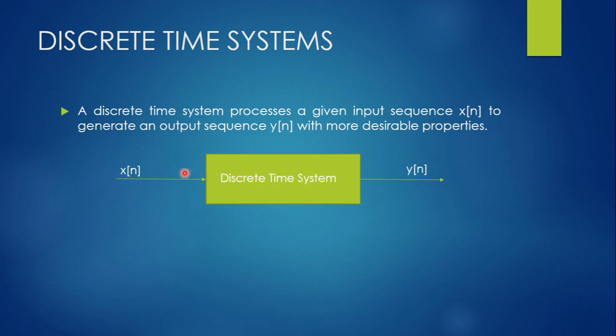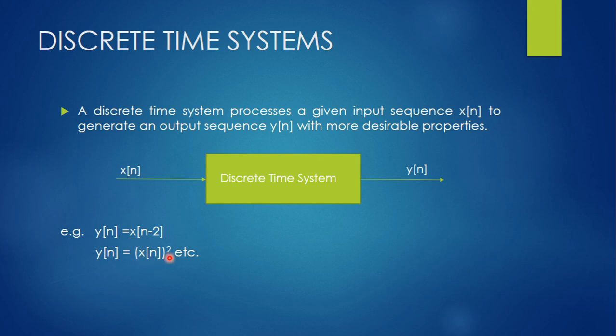It will do some operations on x[n] to produce y[n]. Again, y[n] is discrete. For example, you simply time shift the input sequence x[n]. It is a discrete time system.